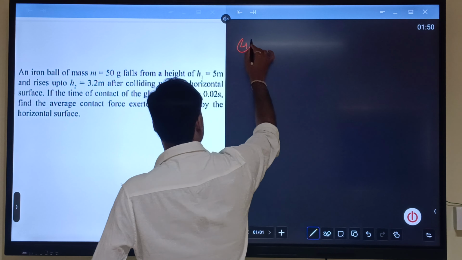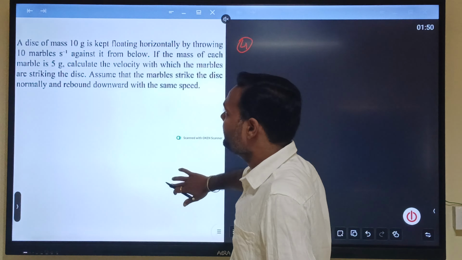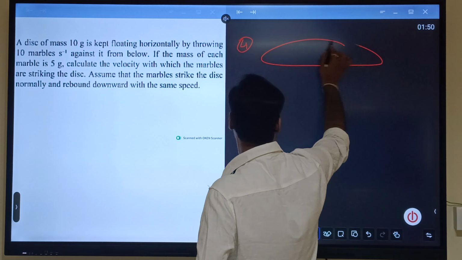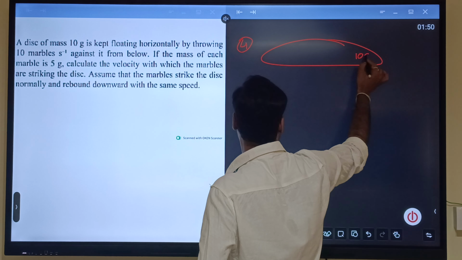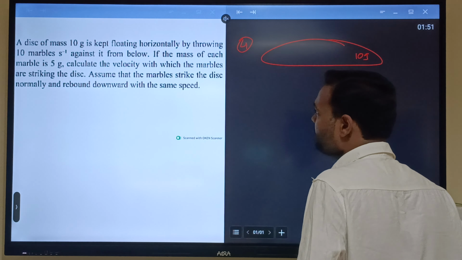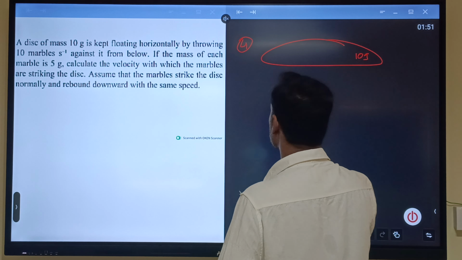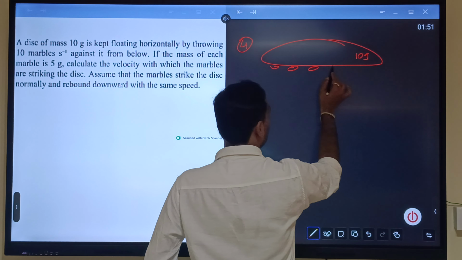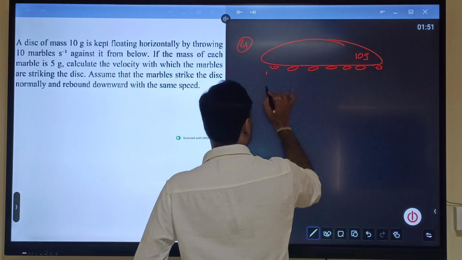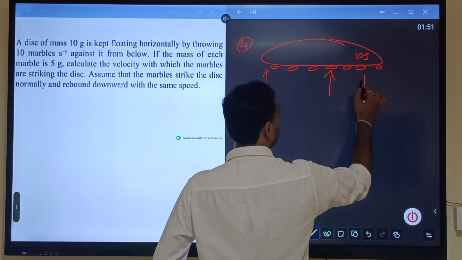And let us see the next question. See, a disk of mass 10 grams is kept floating horizontally by 10 marbles per second. See here, 10 marbles per second are hitting like this.